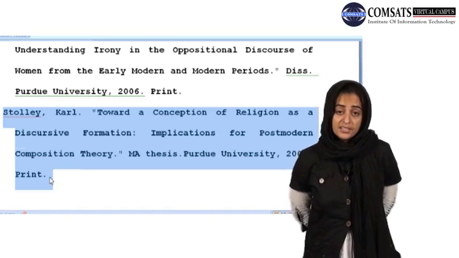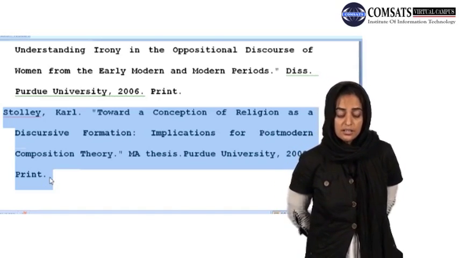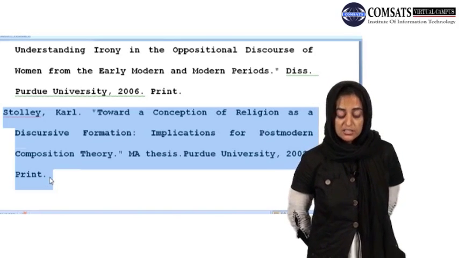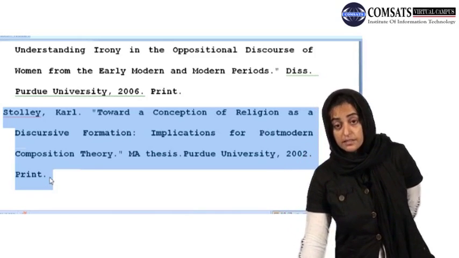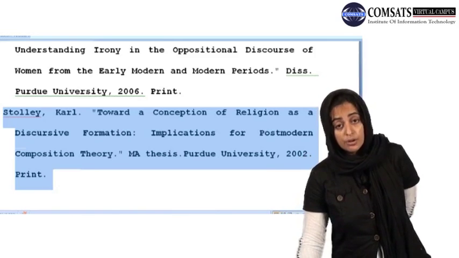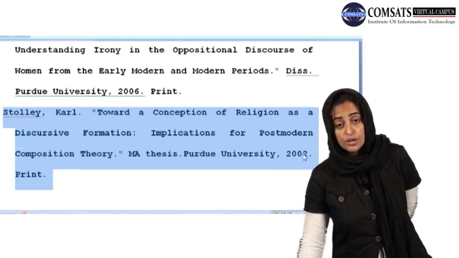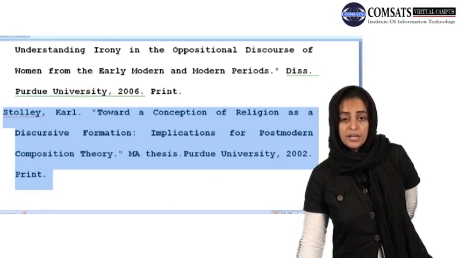MA thesis, over here the designation is MA thesis. M, capital A, space, thesis, and a period. Then the name of the university that awarded that degree is Proved University, and the year in which the degree was awarded is 2002, and then a period, and the medium of publication is print.